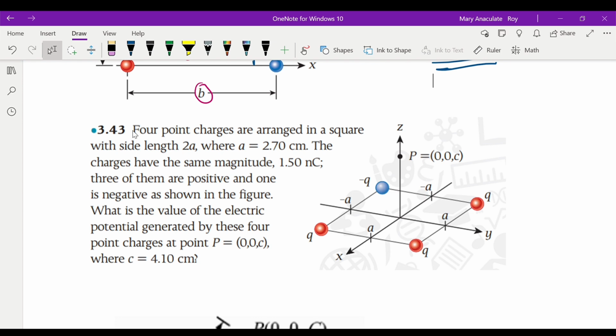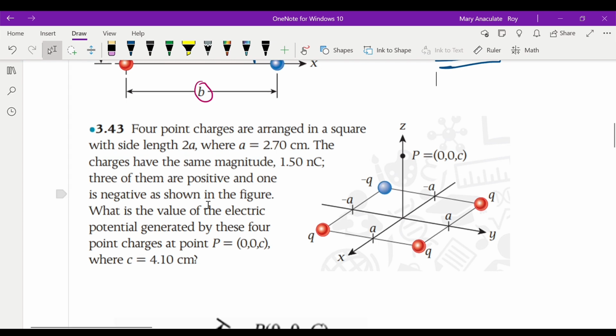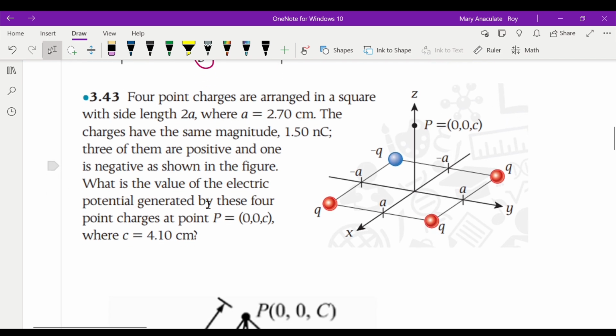Okay, I hope you have read the question. So here 4 point charges are placed in a square, so all sides are equal, right? All sides are equal, but the side length is given as 2 times A. There is a reason they have given it like that. Alright, so A is 2.7 centimeter.